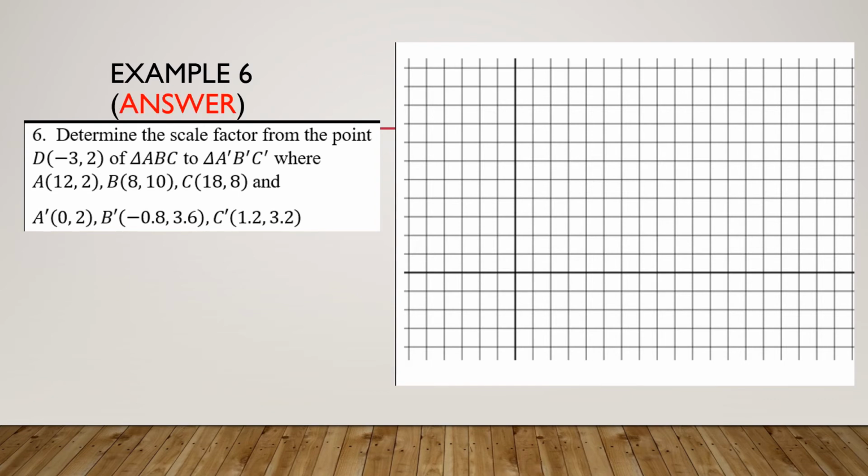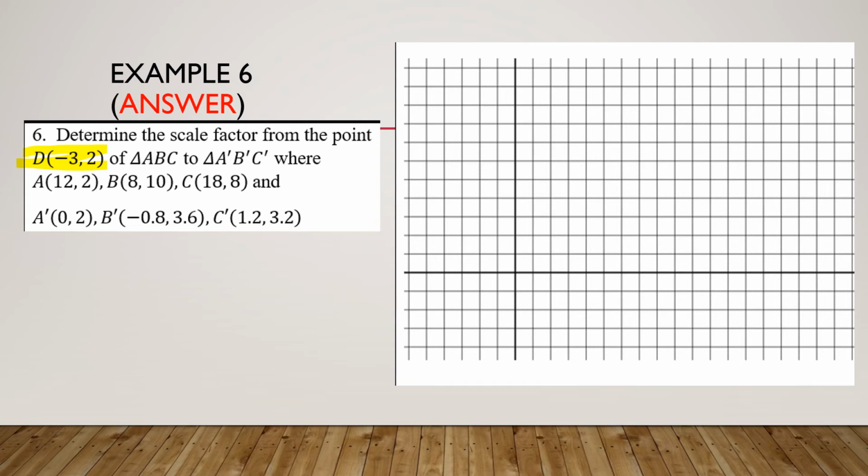All right, so this time we're trying to figure out what the scale factor was from point D. So I think it's useful if we go ahead and plot point D. So we're going to plot point D, which was negative 3, 2.